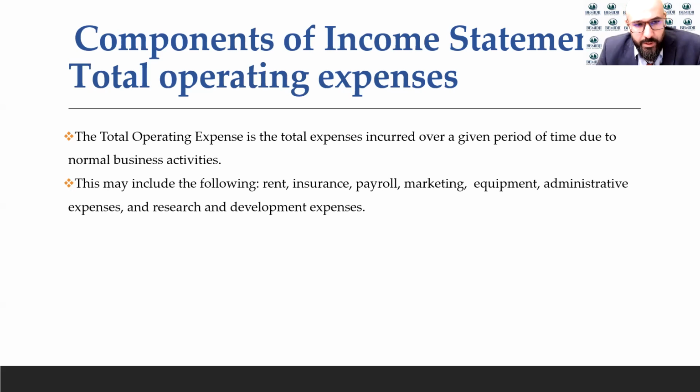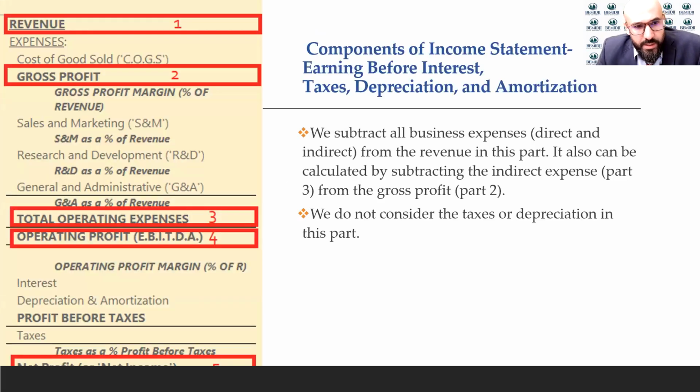research and development. Now, this is the fourth part, which is the EBITDA. EBITDA is a short term for earnings before interest, taxes, depreciation, and amortization. We subtract all business expenses, direct and indirect, from the revenue in this part.